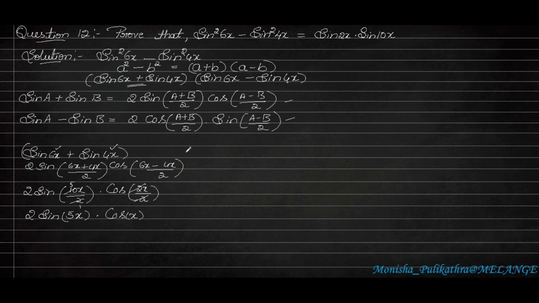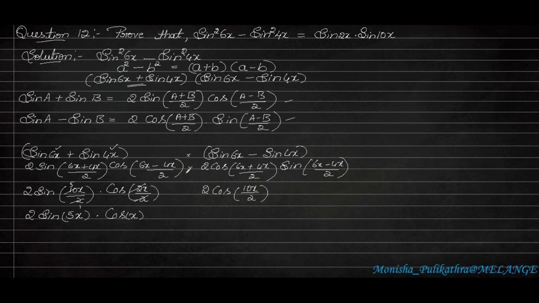Okay, so 2 sin 5x into cos x. In the same way, the next expression also we have to change into this form. This is in the form of sin a minus sin b. So sin a minus sin b is equal to 2 cos (a plus b) by 2 into sin (a minus b) by 2. So it will become 2 cos 10x by 2.